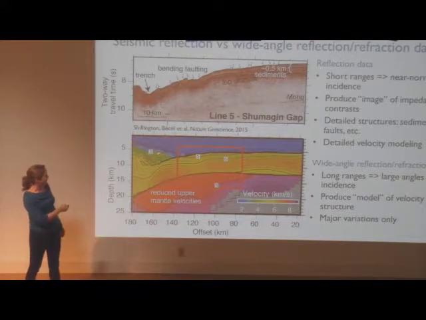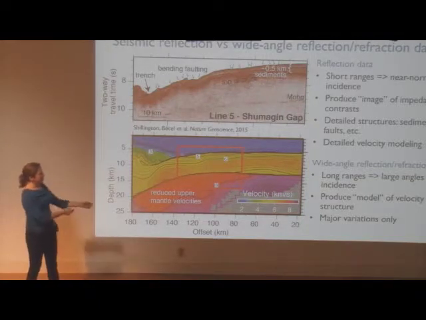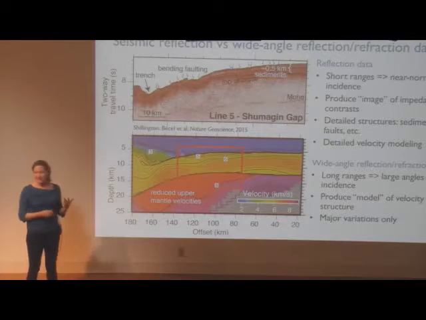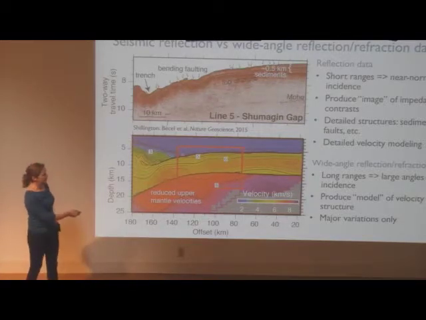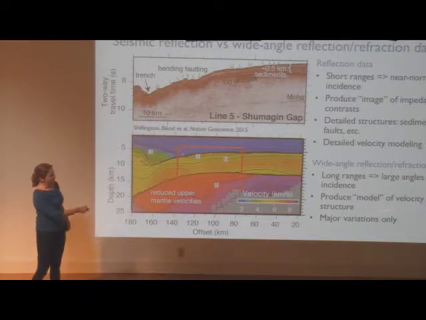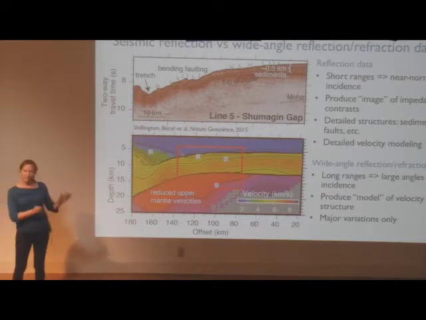I've changed up the color scale on you. The blues and greens are sediments and water, and the reds and purples are the upper mantle. We can use these sound speed changes to infer changes in composition and things like that. Of course, you can look at reflective boundaries in these and get velocities from these, but these are the two broad categories.